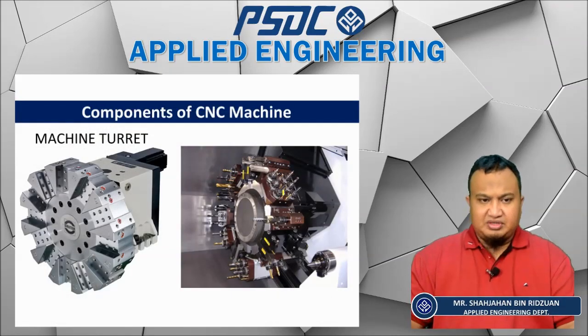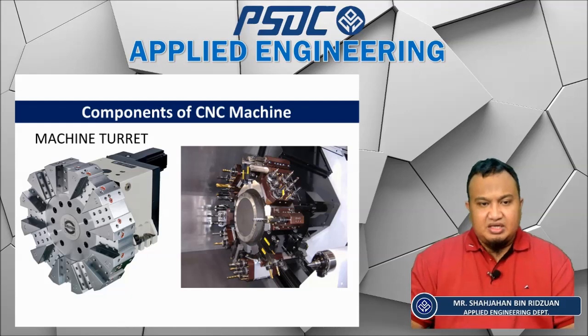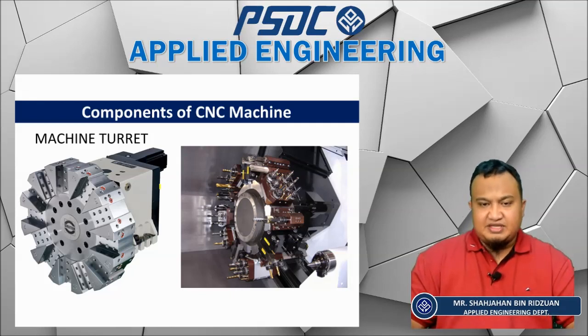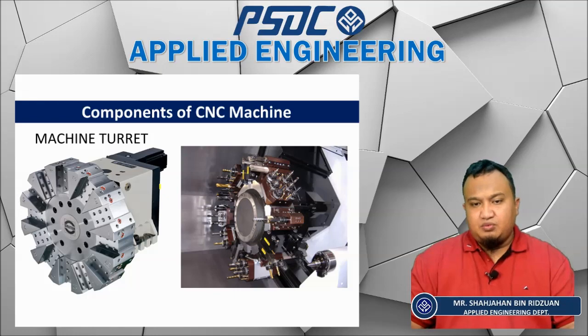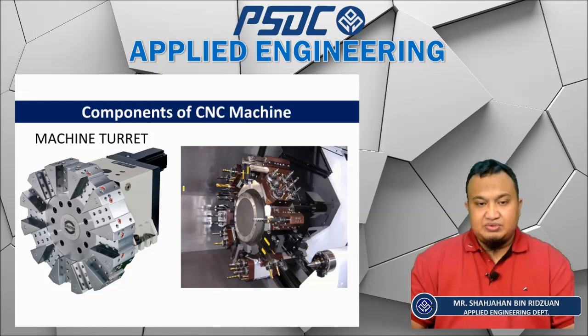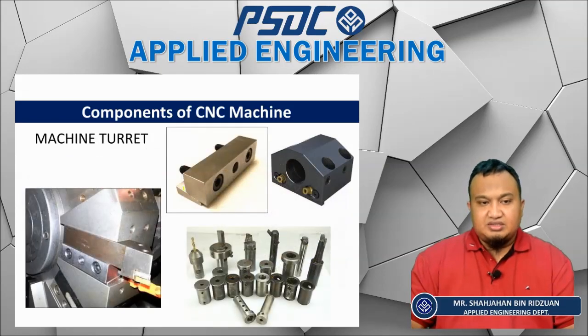The next component is the machine turret. You may see here the turret of the machine is fully loaded with tools. So for the machine turret, we need to understand which of the turret numbers need to be separate when we load the tooling to the machine turret.